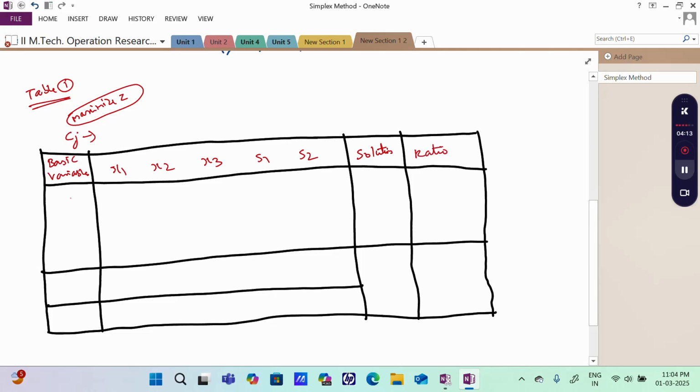Whatever new slack variables we introduced, here s1 and s2, go in the basic variable column, and then Zj and Cj minus Zj rows.